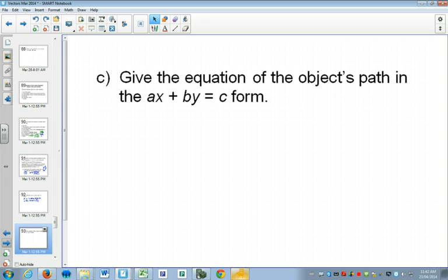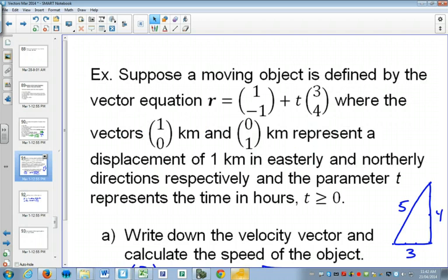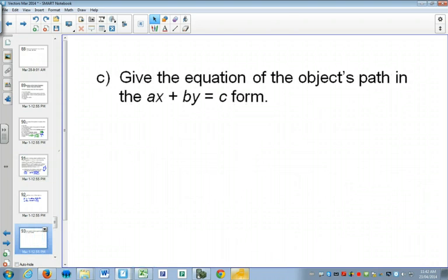So we want to take this object, which is written as a vector equation of a line, and write it as more of our standard equation of a line. So we don't want the t variable in there, we just want our equation. How did we do that? The equation that we have right now has our x coordinate and our y coordinate.